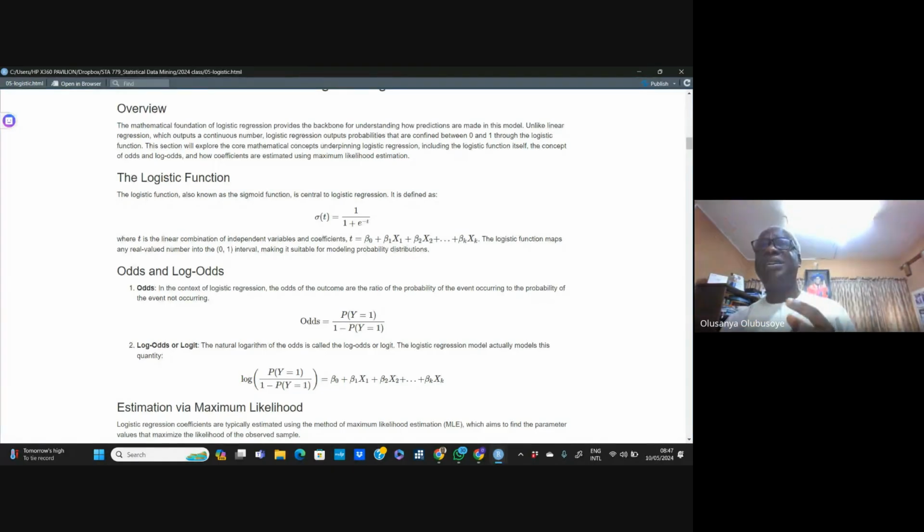In other words, the logistic function is a transformative function that compels the linear function to lie between 0 and 1, so that when predicting, you will not predict values outside 1 or negative values.